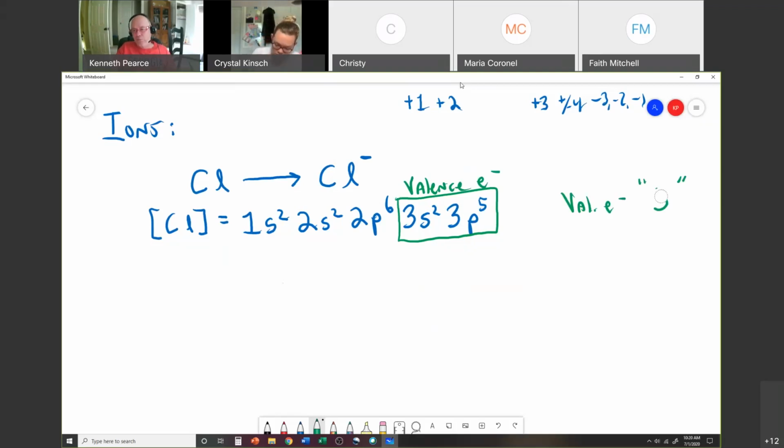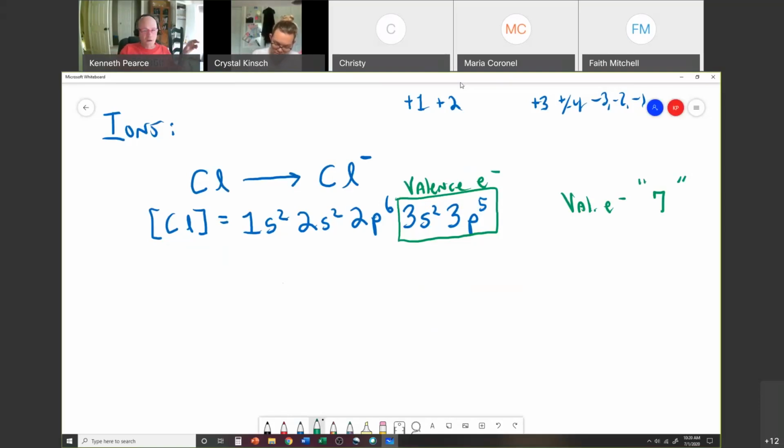That's what I get for being early in the morning. We have 7 valence electrons. And we can count across because this is element 7A, and it has 7 valence electrons. So it's the highest s's and p's. You've got your 3s and your 3p. The 2s and the 1s don't count for valence electrons. The valence electrons are on the outside.